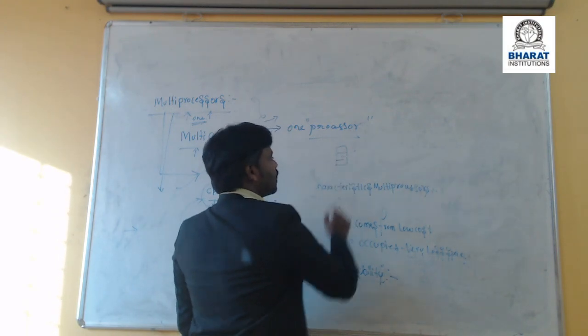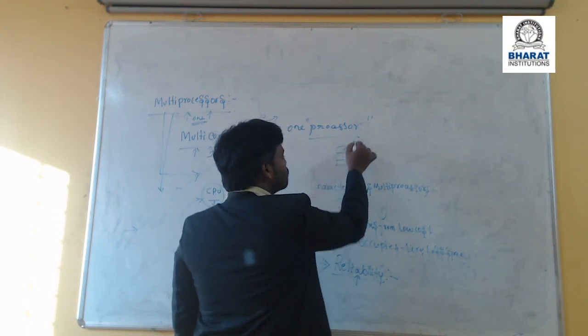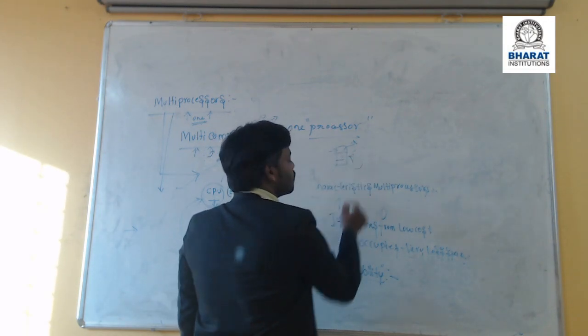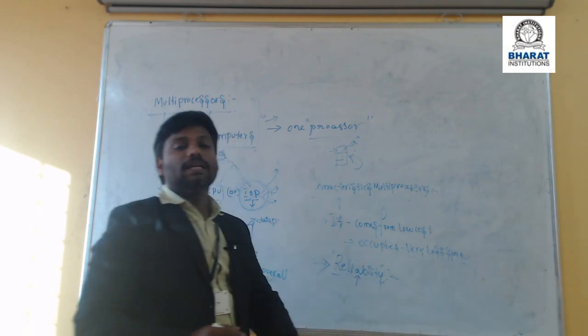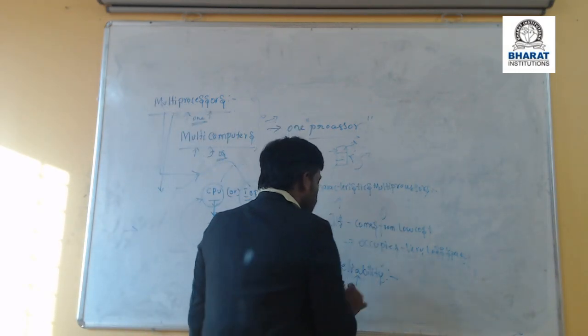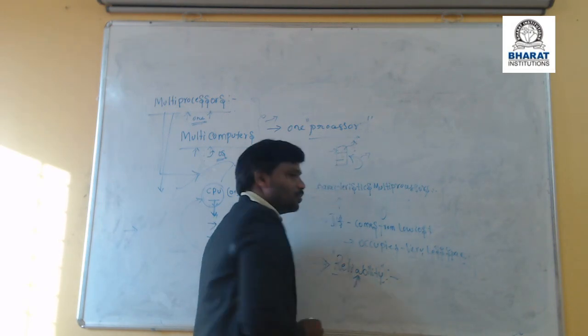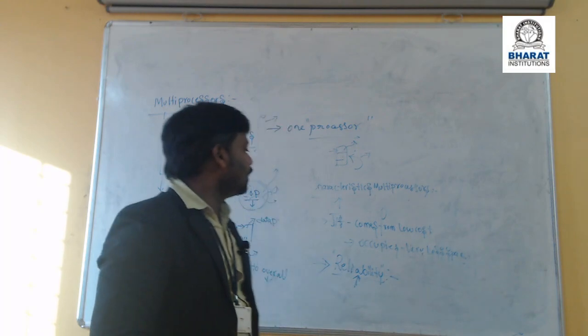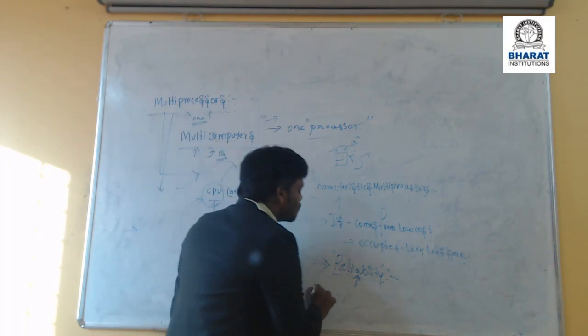In case any processor fails during processing, the remaining processors take over the failed processing task and complete it in a timely manner. So that is reliability. The multiprocessor system enhances the reliability of the existing system.